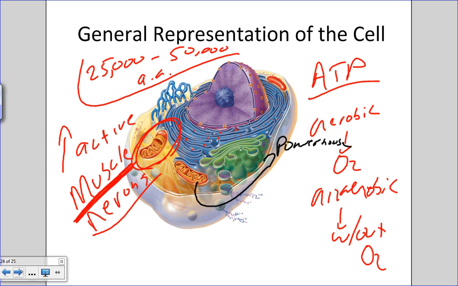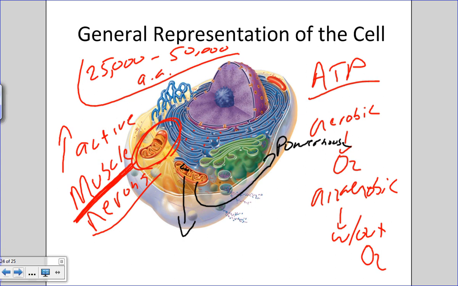Mitochondria are unique because they actually have their own DNA. When you look inside these folds called cristae of the mitochondria, there is actually DNA in here. It's called mitochondrial DNA. What's interesting is that from an evolutionary standpoint, it's believed that mitochondria evolved from other organisms like some kind of bacteria.